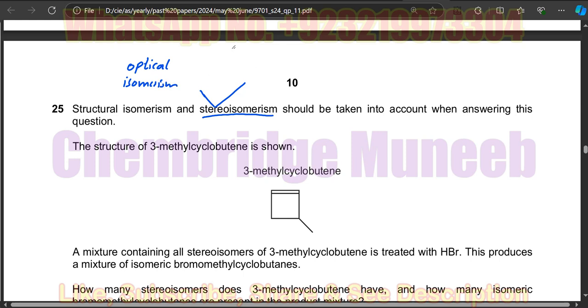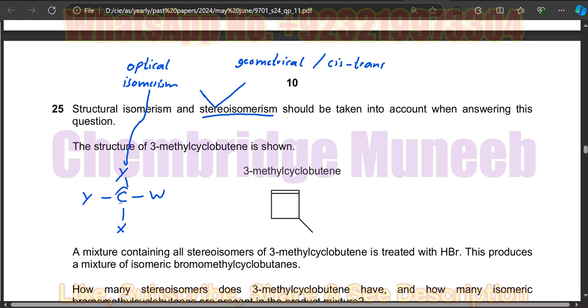and the second one is geometrical isomerism, or you can also call it cis-trans isomerism. According to optical isomerism, it is the situation when an element, let's suppose carbon, is bonded with 4 different atoms or groups of atoms.